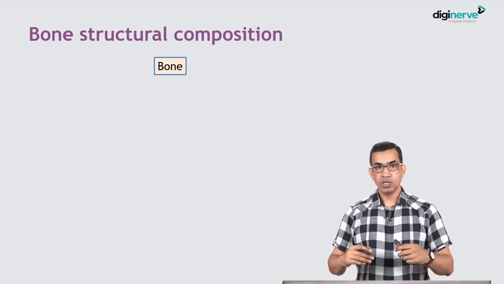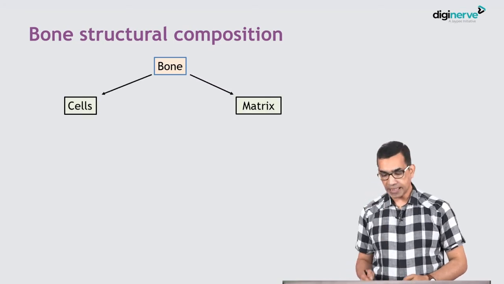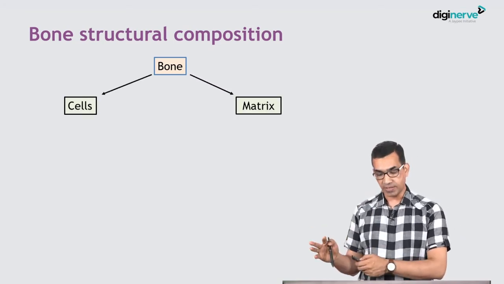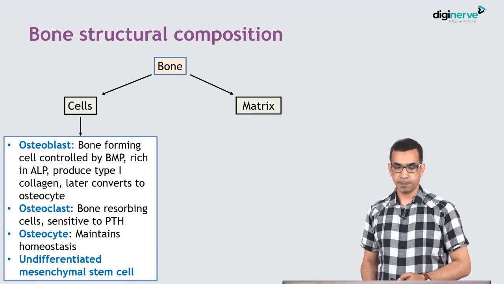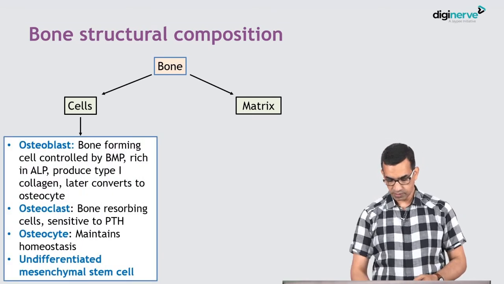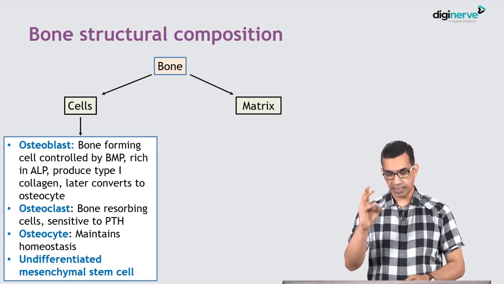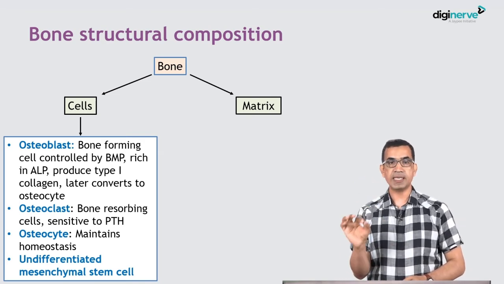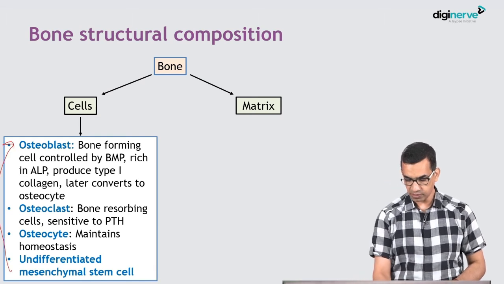Next we move on to what a bone is composed of. Principally bone is made up of two tissues. One is the cell, second is the matrix. Among the cells there are four types: osteoblast, osteocyte, osteoclast, and lastly the undifferentiated mesenchymal stem cell, which usually differentiates into the osteoblast.